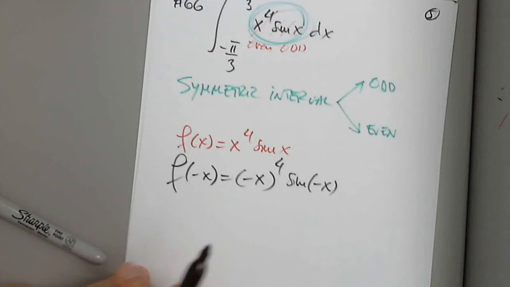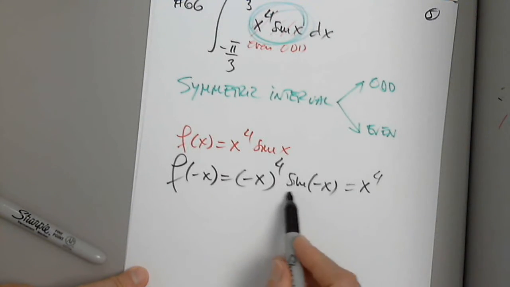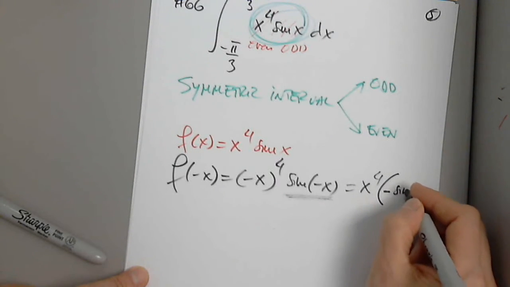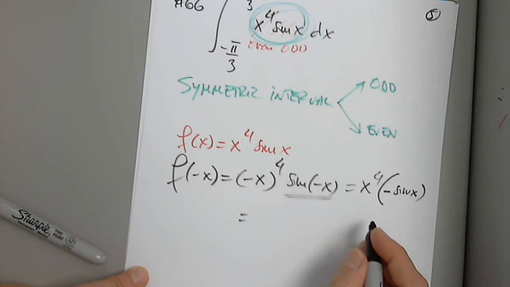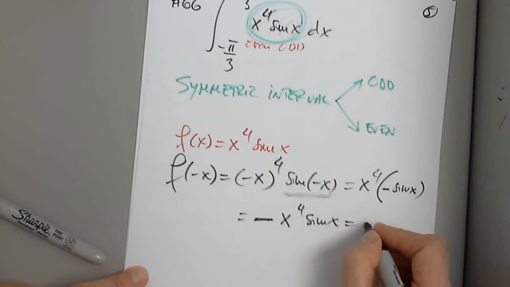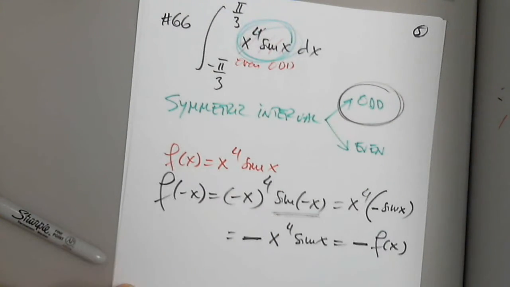How much is negative x to the fourth? X to the fourth. There is no change. But now how much is sine negative x? The answer is negative sine x. And when I perform the product, I get negative x to the fourth times sine x, which means negative the original function. So indeed, the function is odd.